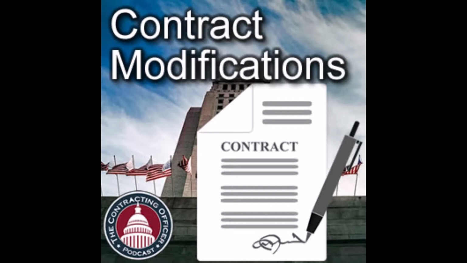I don't think industry would think that a wage determination change is an admin change. Maybe it is, but it can create havoc on that side. But yeah, there's probably more administrative mods than the meaningful ones like you just were talking about.